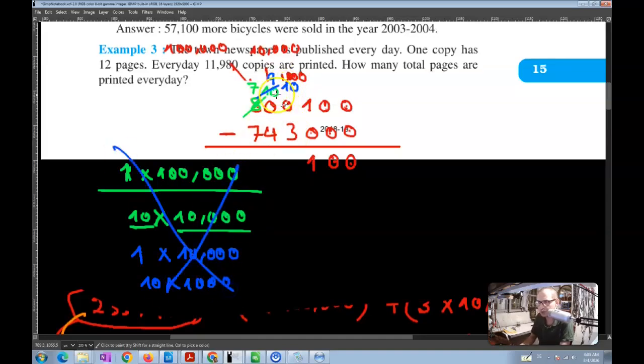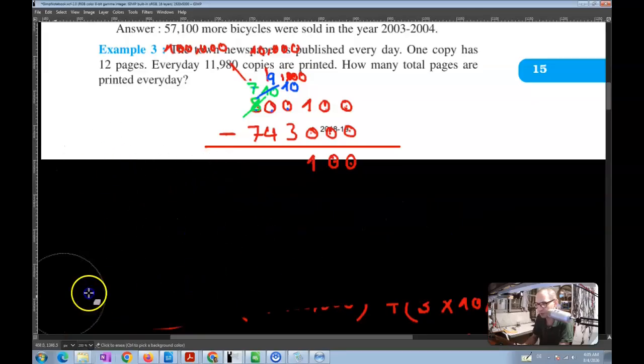In total, instead of 0 groups and 0 groups and 8 groups, I now have 7, 9, and 10, meaning 7 groups of 100,000, 9 groups of 10,000, and 10 groups of 1,000. And now we can do our operation.